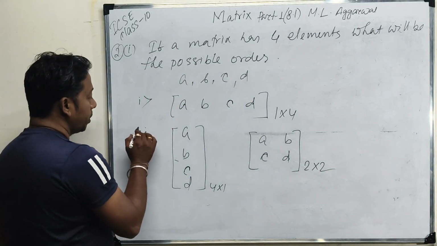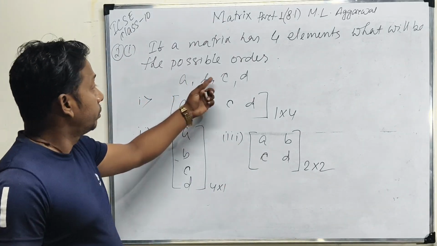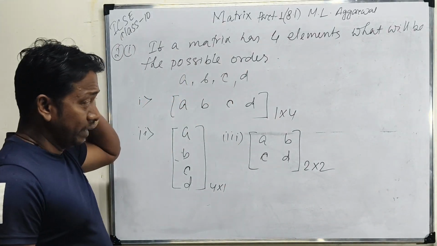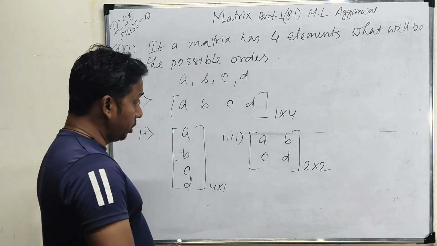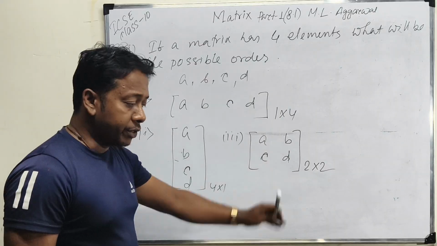So these 3 are the possible orders of 4 elements. These 3 possible orders can be possible only for 4 elements of a matrix.